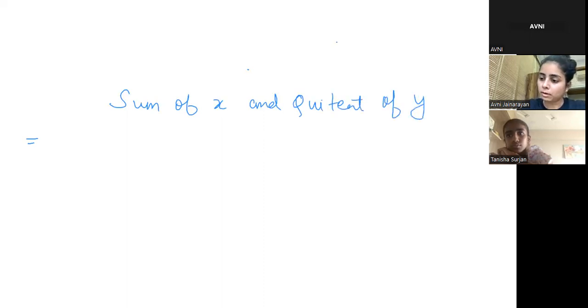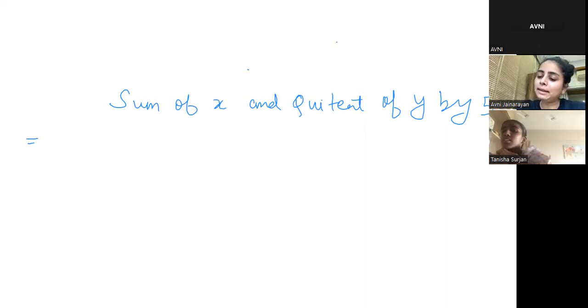Sum of x and the quotient of y by 5. What is this? X plus y divided by 5 in bracket.